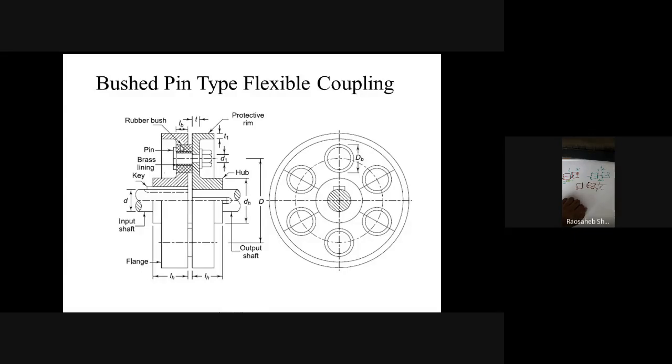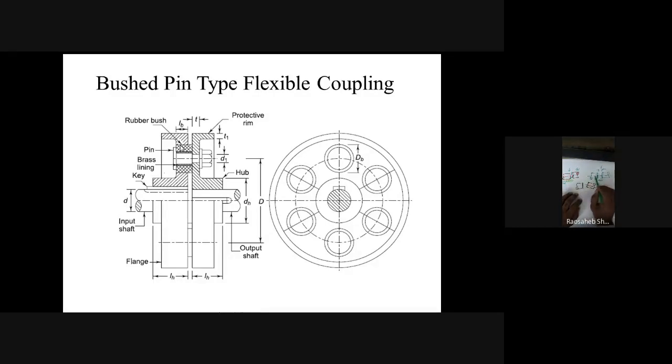Here on paper you can see this is the lateral misalignment. So if there is 0.5 mm variation, that is, if lateral misalignment is there up to 0.5 mm, we can use this flexible coupling.